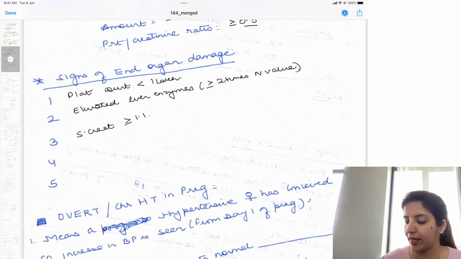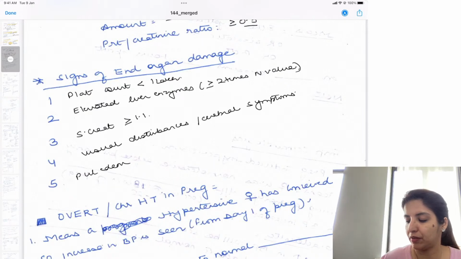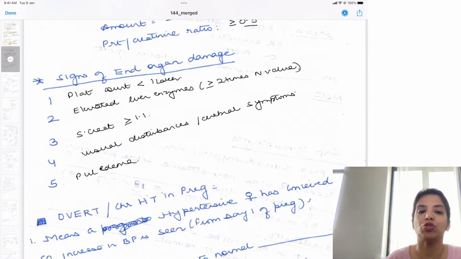Number 4, visual disturbances or cerebral symptoms. And number 5, pulmonary edema. So platelet count less than equal to 1 lakh, elevated liver enzymes to more than equal to 2 times their normal value, serum creatinine more than equal to 1.1, visual disturbances or cerebral symptoms, and pulmonary edema.